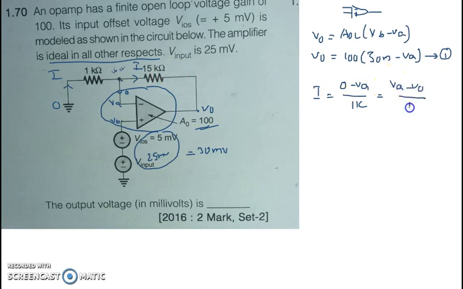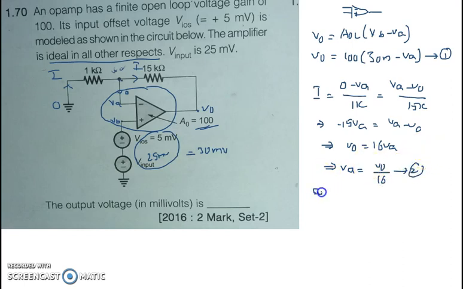If I solve this, what I get is minus 15 VA is equal to VA minus V0. That implies V0 is equal to 16 VA. So from this, VA is equal to V0 by 16. Let's take it as equation number 2.